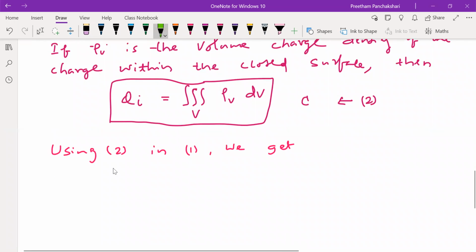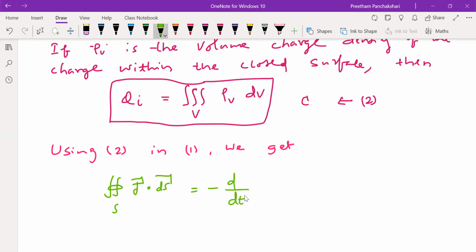Equation 1 is the closed surface integral of J, equal to minus dQi by dt, that is, minus d by dt of Qi. Now Qi is the triple integral of rho v dv, the volume integration.